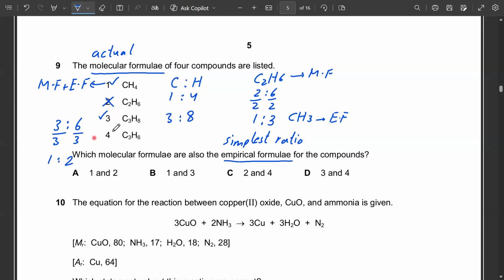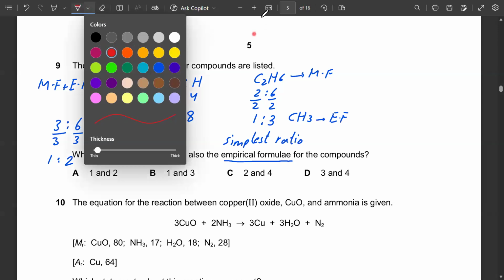So this is not the same. Its empirical formula will be CH2. So 4 is not in the list. So we are left with options 1 and 3. So that's why B is the correct option.